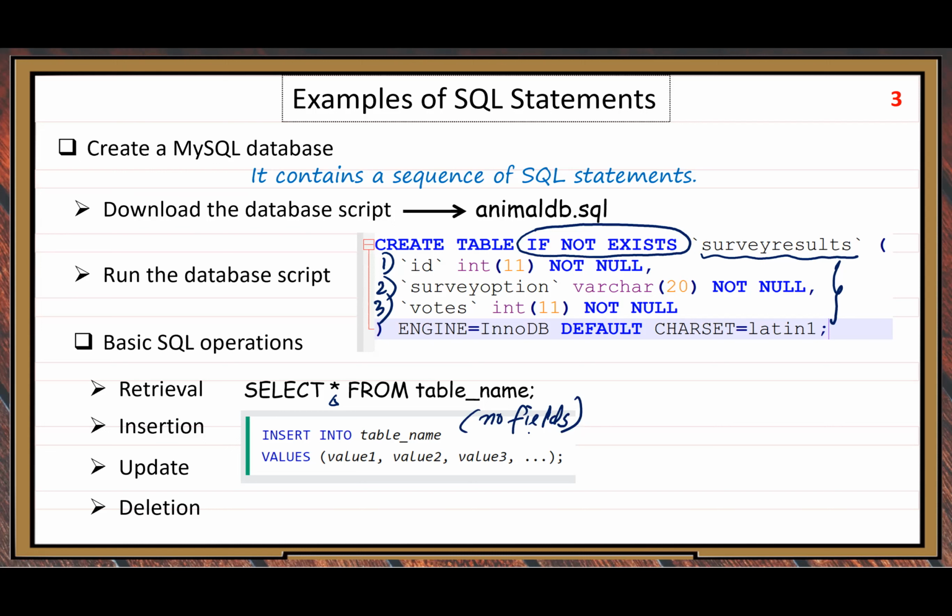That means we use all the table fields, following the same order as in our table definition. This is the table definition.